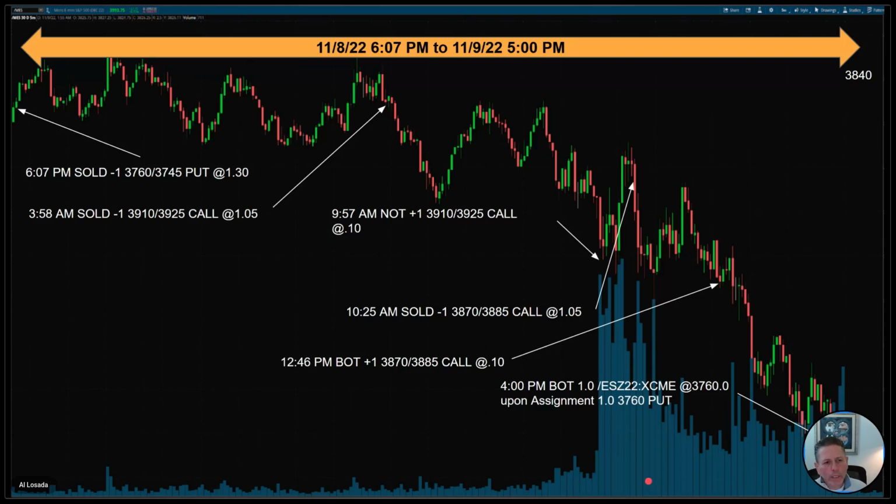In this case, we had an assignment, and I was early on, figuring out how this works. Yes, I was assigned, but then I managed the position with a futures contract and was able to get out, not so bad.